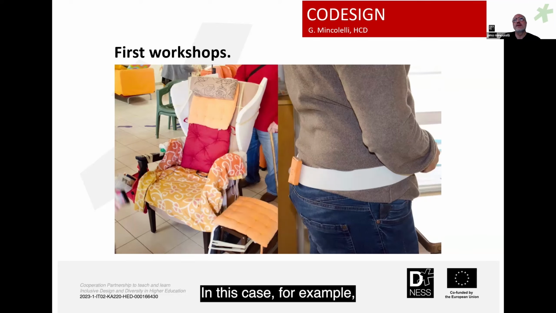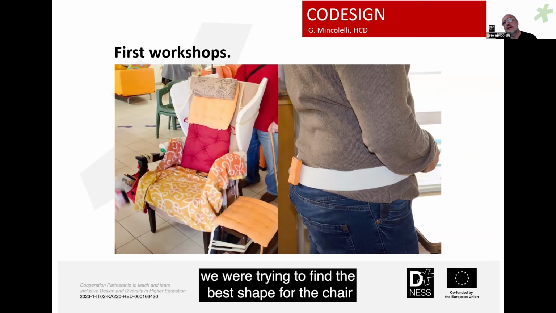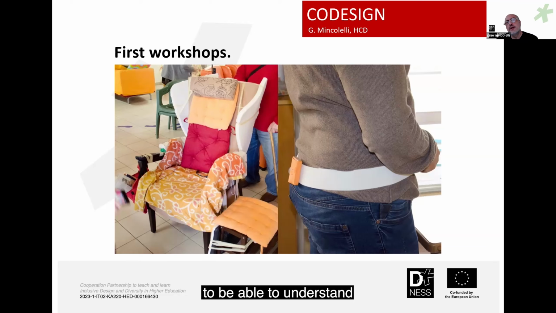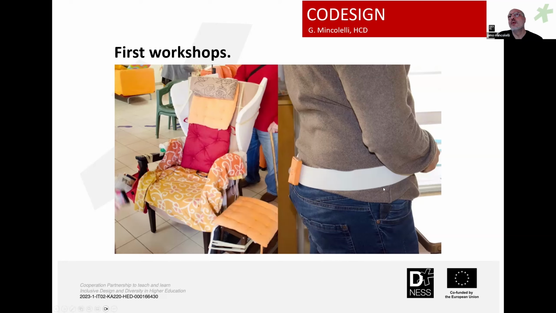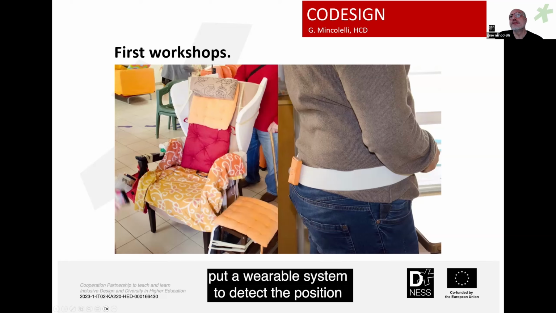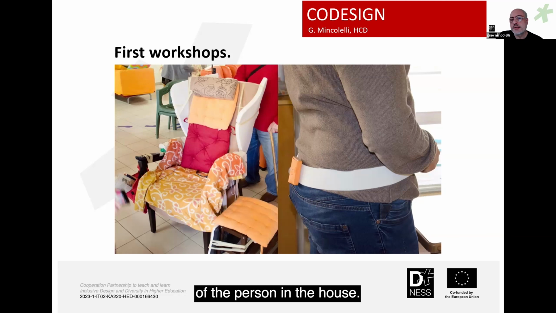In this case, for example, we were trying to find the best shape for a chair that was able to understand if you had some posture issues that could affect your back pain and so on. Or the best way to put a wearable system to detect the position of the person in a house.